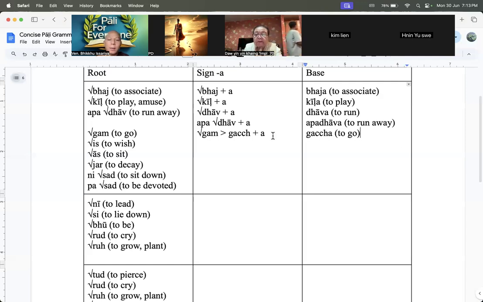And then that gam also with apa we have apa and gam. So gam has a natural change to gach. Now we already know that. So apagaccha means just to go, but away, you see, in this way.